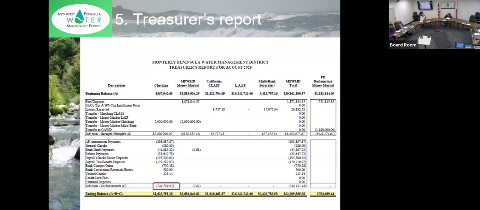There are 2 types of portfolios: the cash flow portfolio for day-to-day operations, which is in the bank, the checking account and the money market account. And then there's what's called the long-term portfolio, which is typically in LAIF, class, and multi-bank securities. And we don't draw upon that until we have a really big payment coming up. So that's how we roughly think about it. And it's the treasurer's decision at this point.